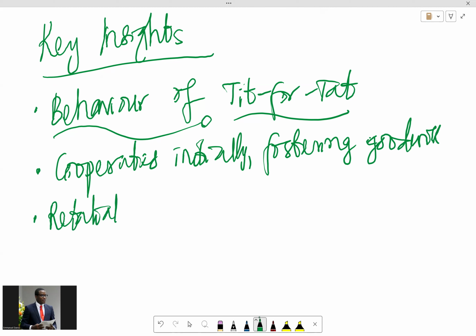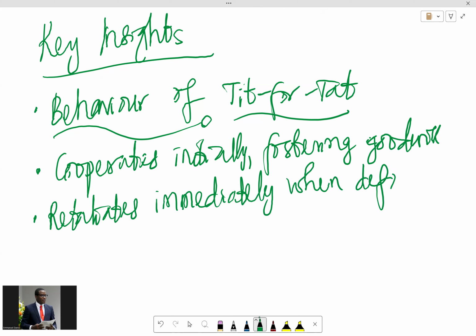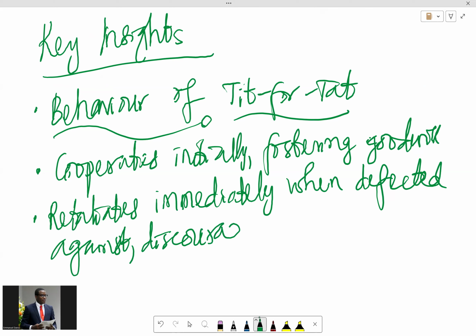It retaliates immediately when defected against, when betrayed, so to speak. Then that discourages exploitation.